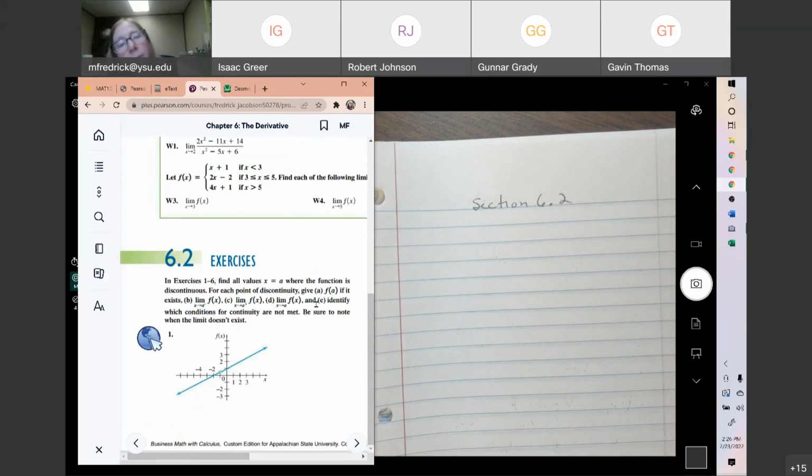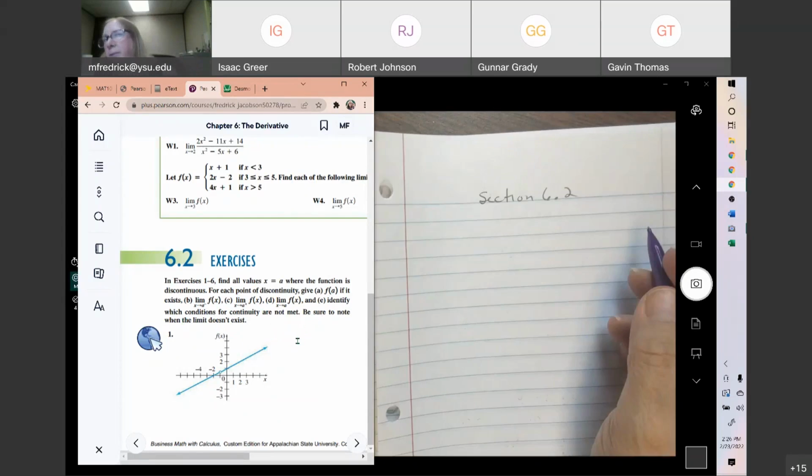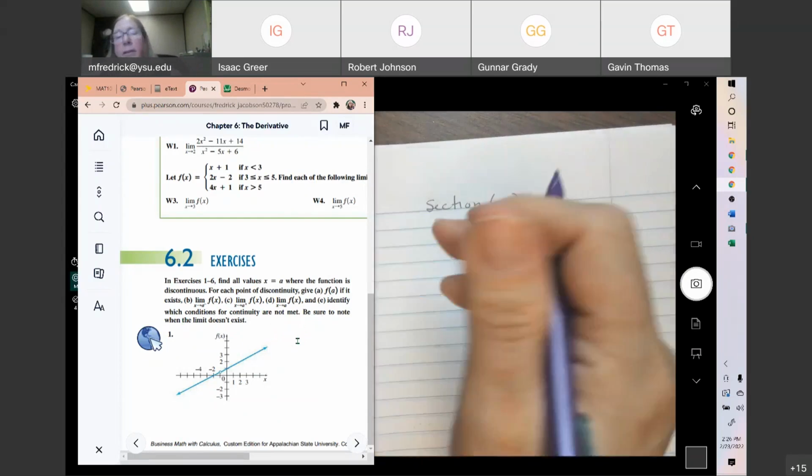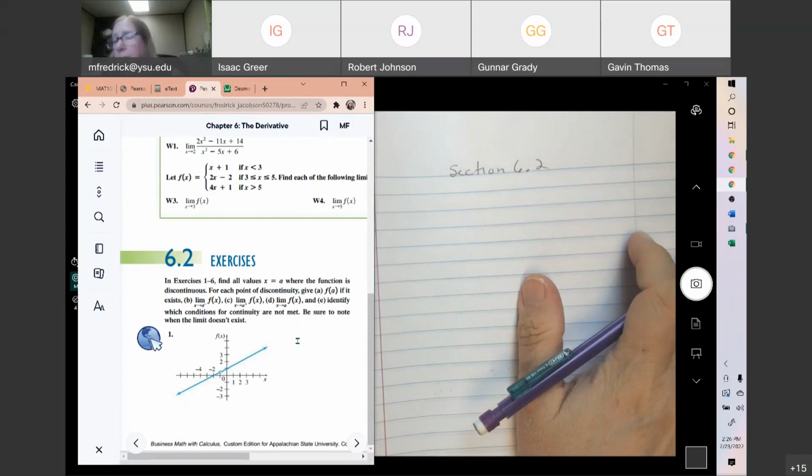For each point of discontinuity, find f at that value, the limit from the right, from the left, and the limit at the value. I'm not too worried about what limits of continuity are not met. I didn't realize it was asking that, but I didn't go over it in my other class, so you won't be tested on it. You just need to know where it's discontinuous.